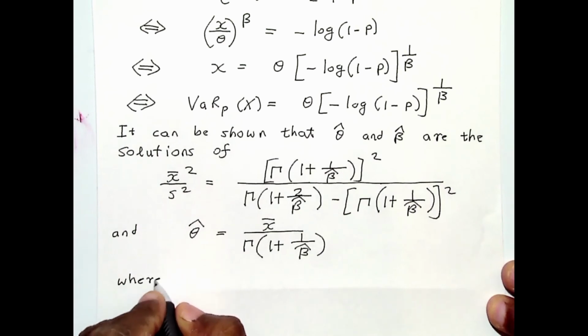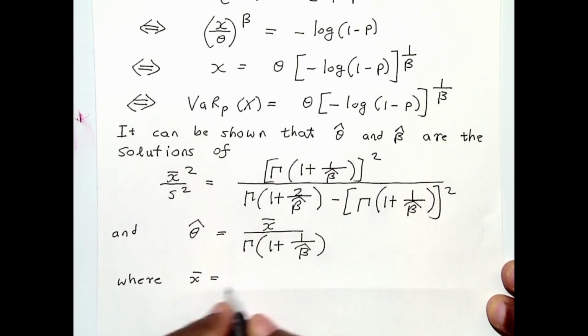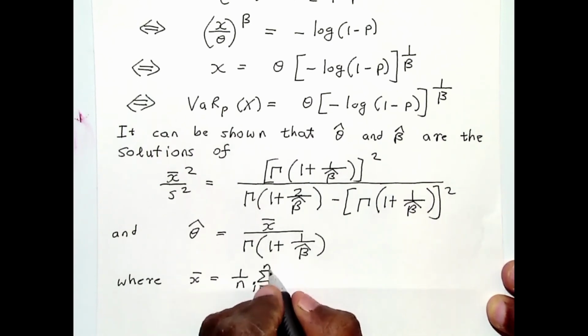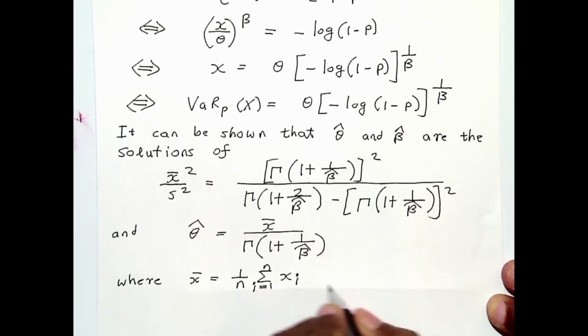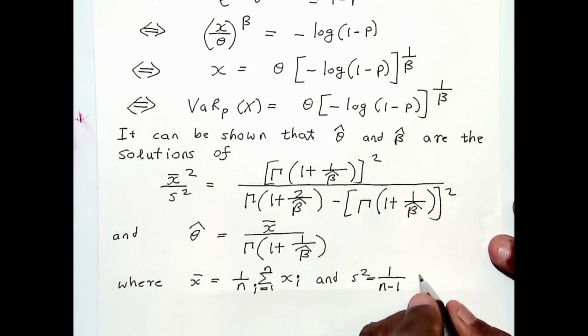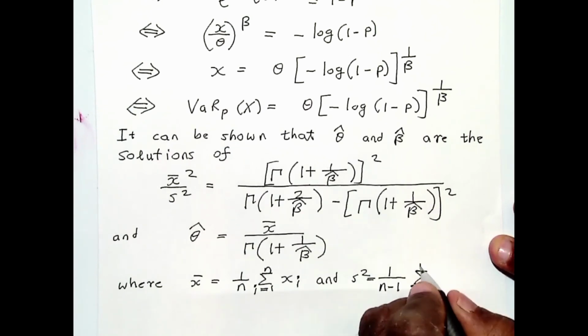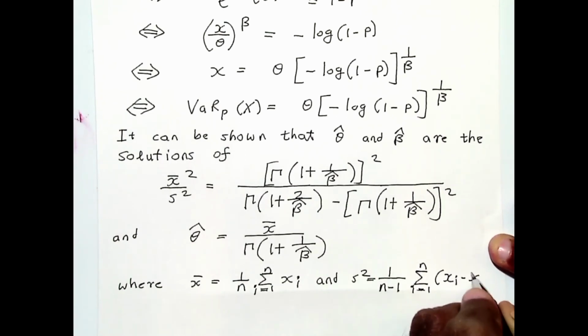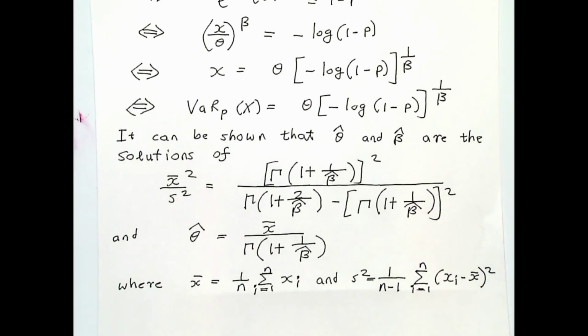Where x bar is the sample mean, so simply 1 over n times the sum of the data, and s squared is the sample variance, which, you might have seen this in year 1 course, is 1 over n minus 1 times the sum of the squares of the deviations of the data from the sample mean.